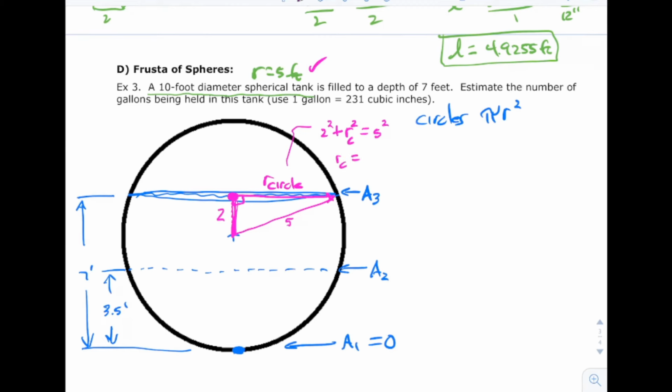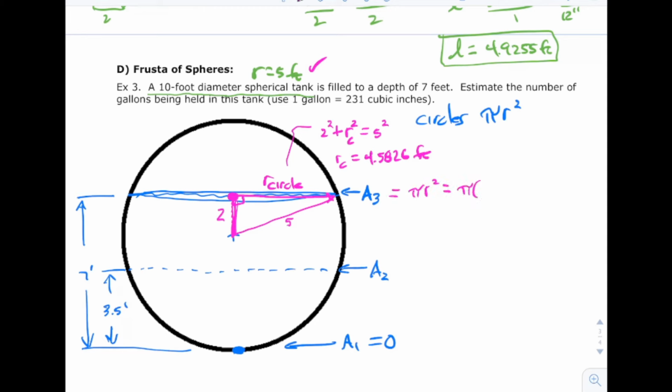4.58, 4.5826 using 5 sig figs. This would all be feet. And so for A3, I would use pi r squared here.